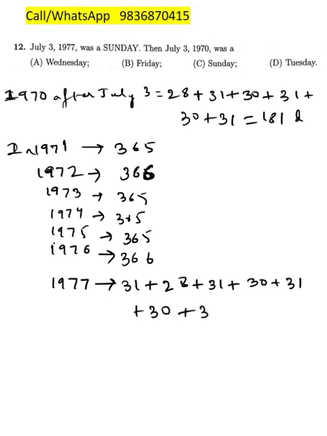The sum of these becomes 184 days. Calculating all, 181 plus these all sums plus 184, you have a total of 2557 days.